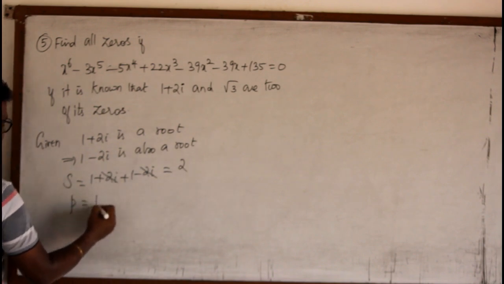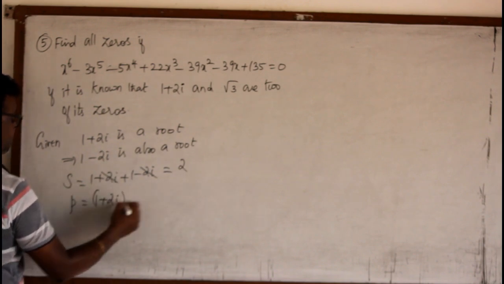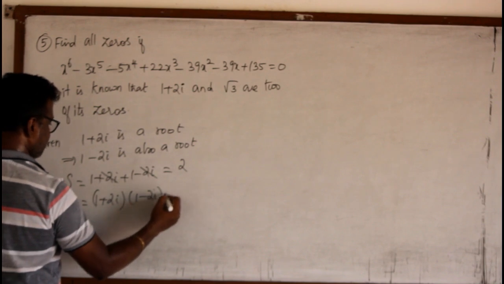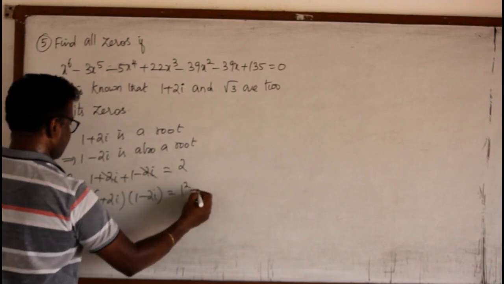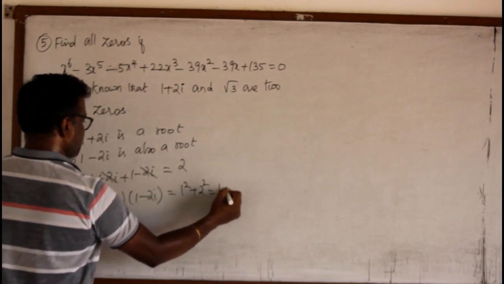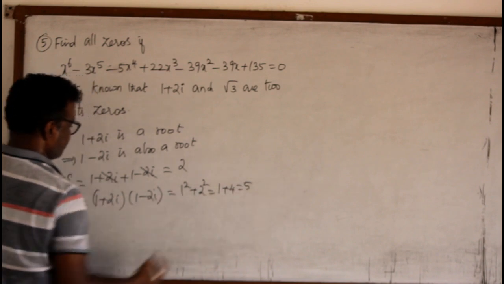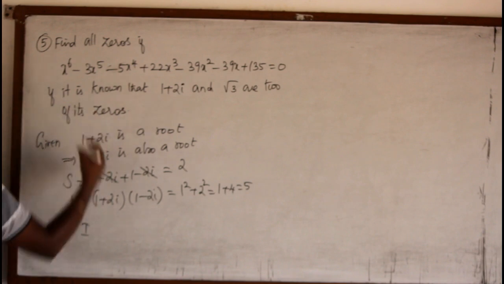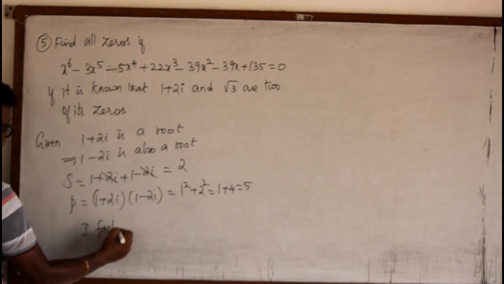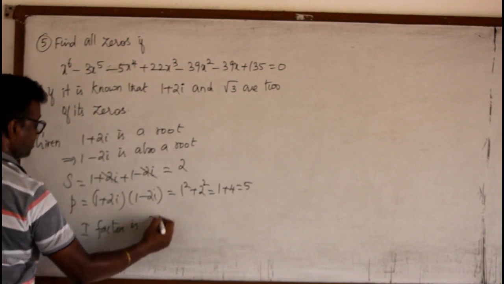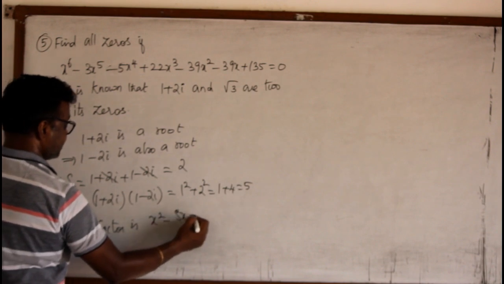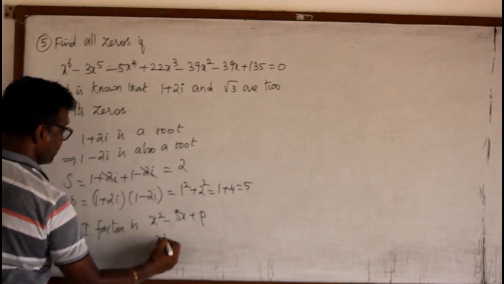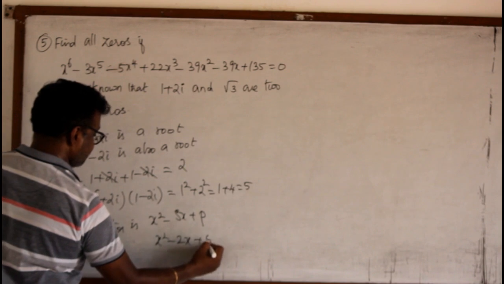Product is 1 plus 2i into 1 minus 2i, complex number, so a square plus b square, 1 plus 4, it is 5. Therefore, I can write the equation, but it is a factor only. Therefore, the first factor is x square minus sx plus p, that is x square minus 2x plus 5.